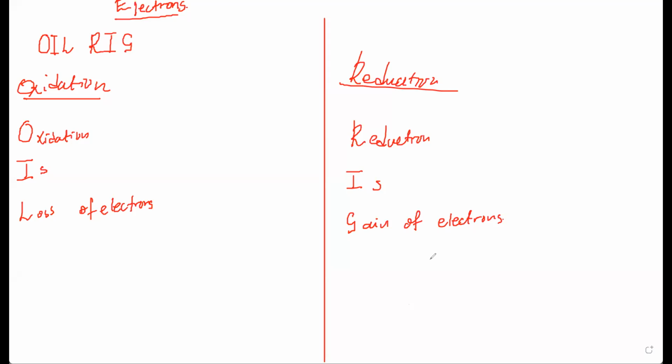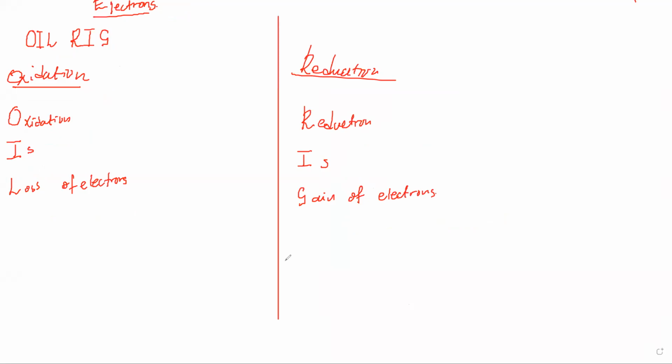So I'm going to give you a few examples of loss of electrons. Remember, according to our periodic table, we say that metals lose electrons to be positively charged, and non-metals gain electrons to be negatively charged.